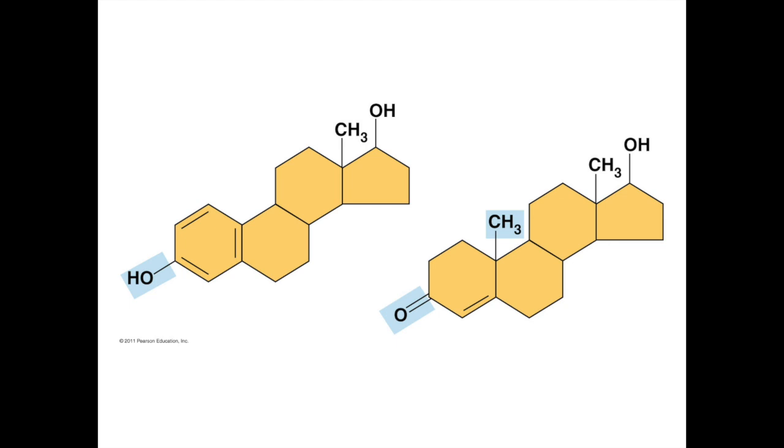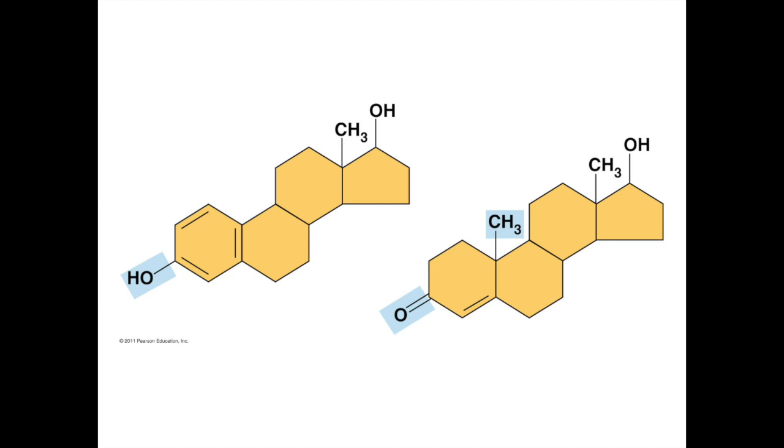What do we got going on here? Well, you've got these two molecules that are similar in their appearance. They have different functional groups on them. But remember, in these types of illustrations, everywhere you see a corner, there is a carbon atom.